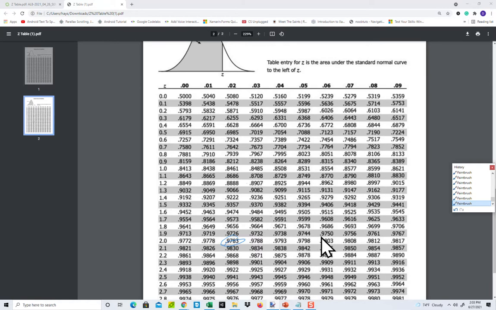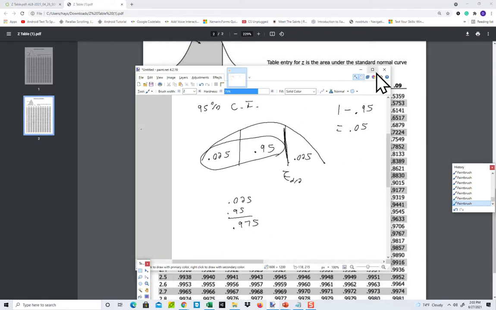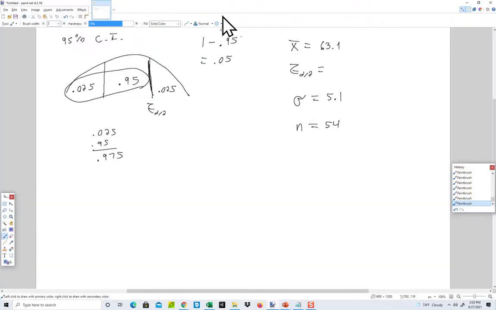Now, if it isn't exact, you look for the one closest. You can see where my mouse is circling. That's the 0.975. So I come over to the left. That gives me my first part of my number, 1.9. If I come up, that gives me my hundredths place, 0.06. So this, the 0.975, is going to be 1.96. Okay, so 1.96.